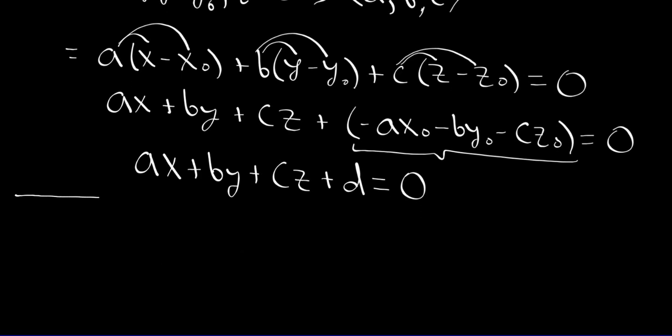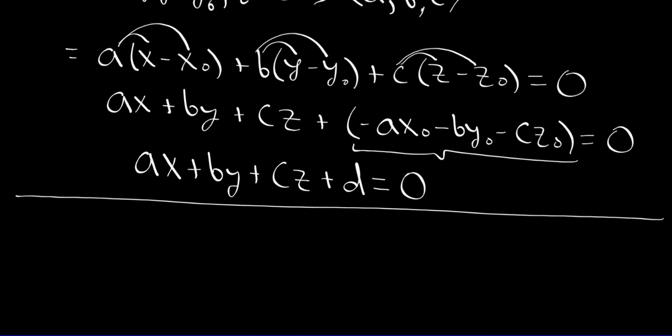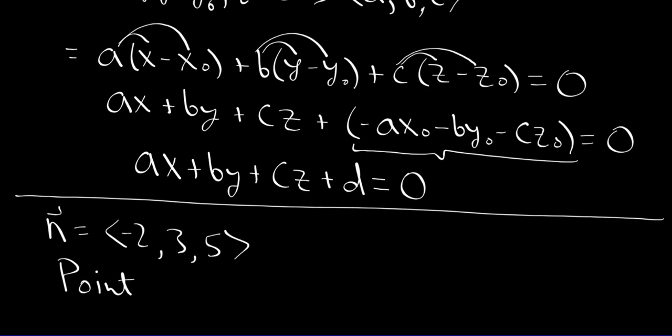So let's look at a particular example. Let's suppose that my normal vector is negative 2, 3, and 5, and we want the equation for the plane such that this is the normal vector and it contains a point. Let's just make up a point here, 1, 7, and negative 3.